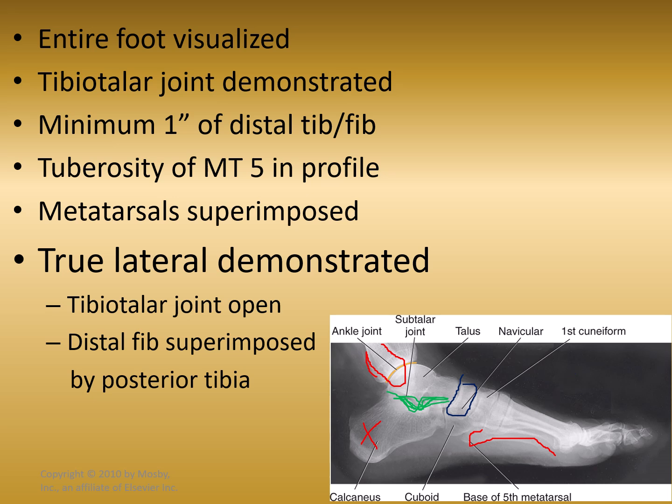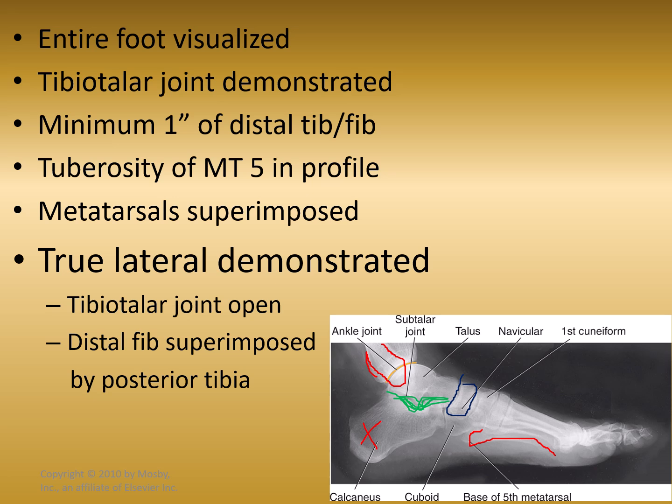So if the foot is tilted away from the IR and not parallel, we're going to start seeing some distortion on the calcaneus. Rotation, we will be looking for that tib fib. Where is the tib fib, right? And the metatarsals, right? If we start to say that the metatarsals are separated and not superimposed, that means that they're not in a true lateral, that they're rotated.